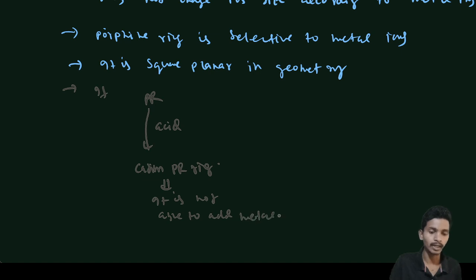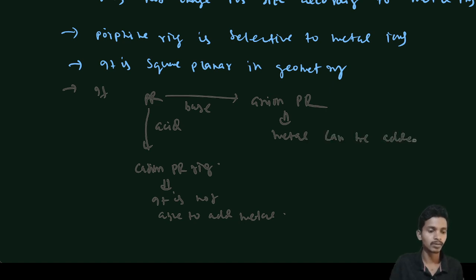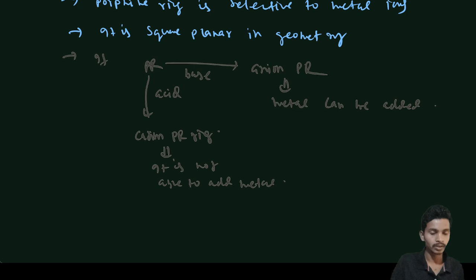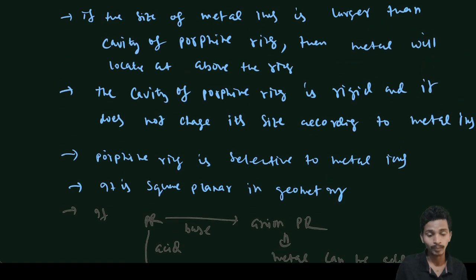So here we can't add metals. And if in the porphine ring you add base, then an anionic PR ring forms, and here metal can be added.